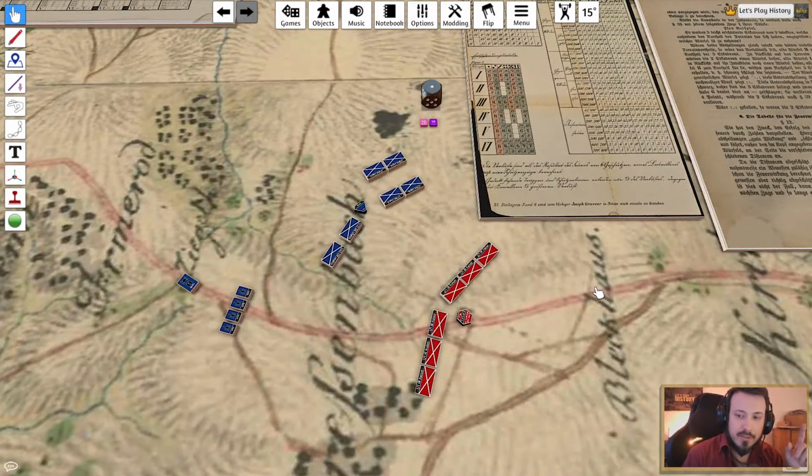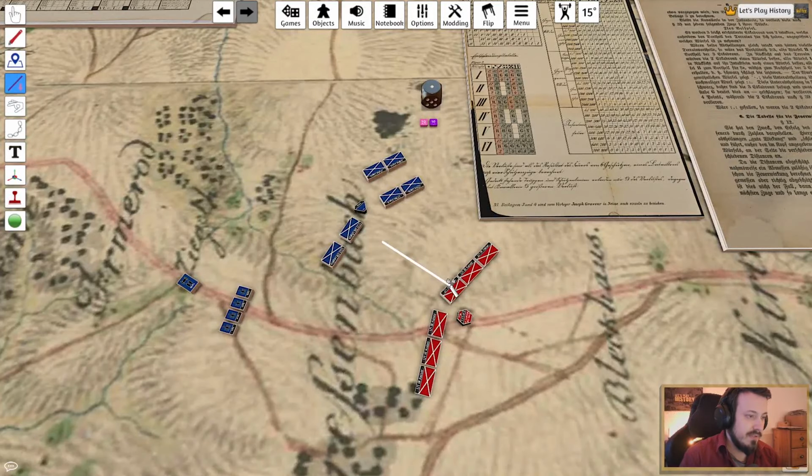Now, 1 to 8,000 means that 1 decimal inch, and that is a Prussian decimal inch of 1816, equals 400 paces. And the way I have scaled that in this module is that if you don't use inch but grid units to measure, then 1 grid is 100 paces, right?